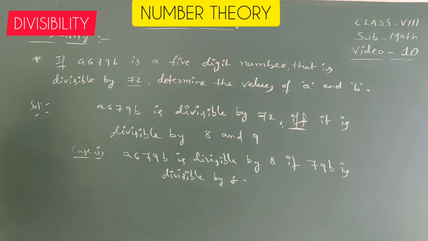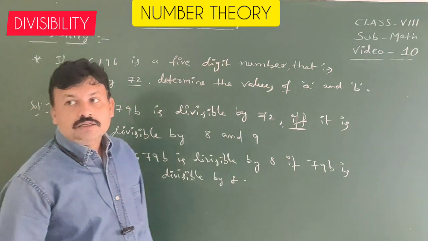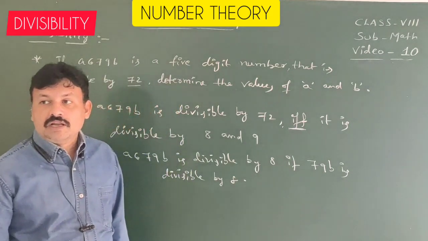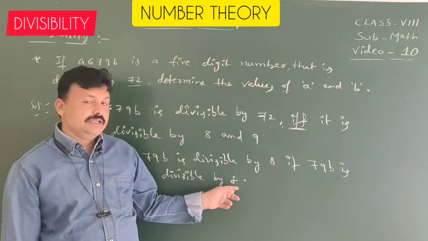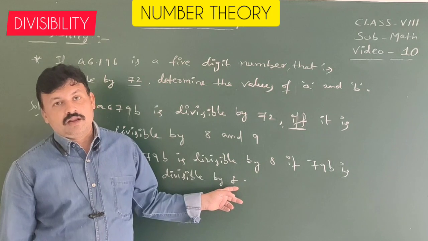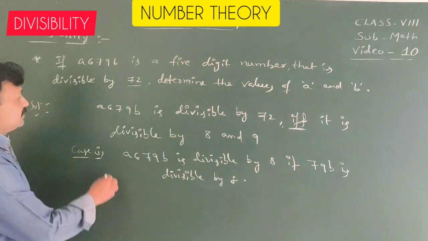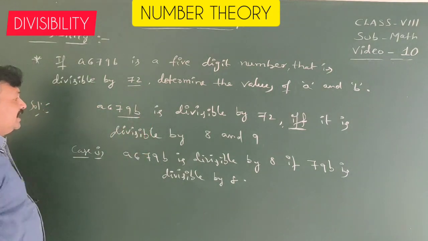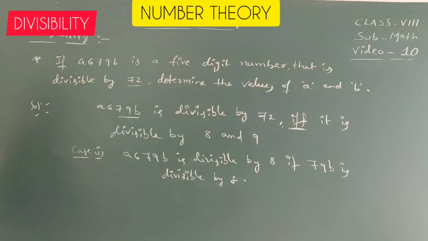First, let me explain the divisibility rule for 8. If the number formed by the last 3 digits is divisible by 8, then the number is divisible by 8. Here, the number formed by the last 3 digits is 79B.